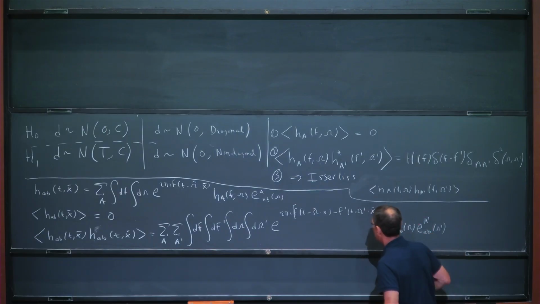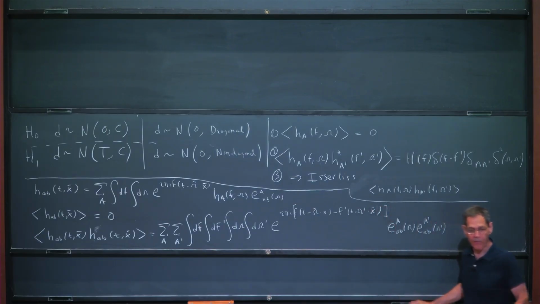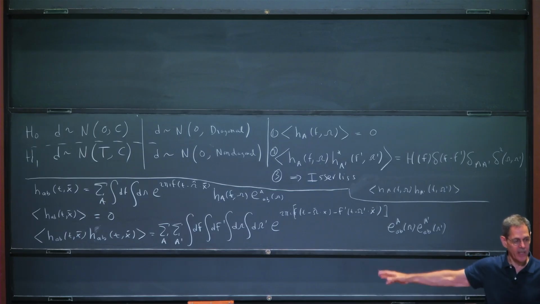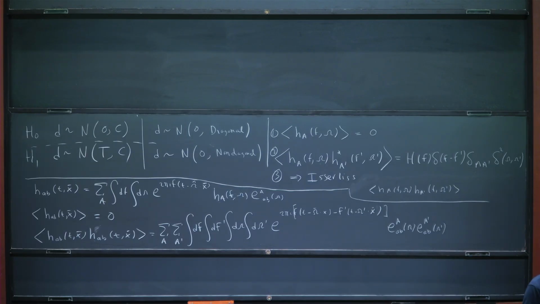We could do this, by the way, with t prime and x prime if we wished. The calculation goes ahead, and you'd be very happy to see that you get appropriate Fourier transforms in there, but I'm trying to do the simple case here. Okay, and finally, last but not least, we have an h_A of f, omega and an h_A prime star of f prime and omega prime.